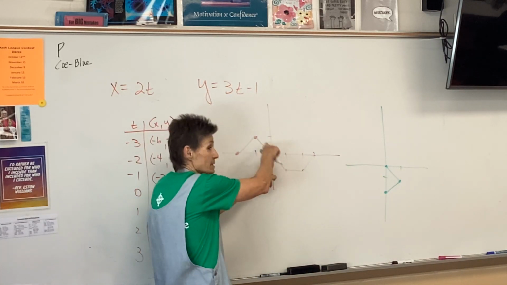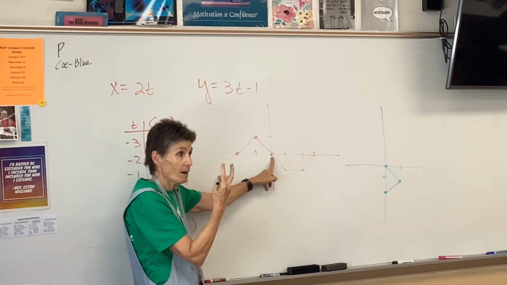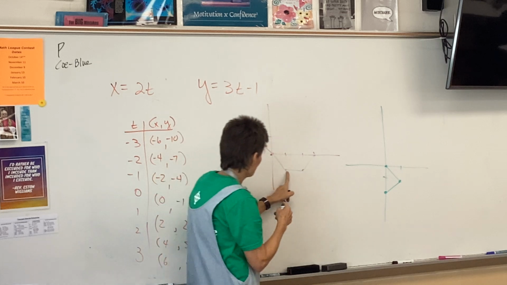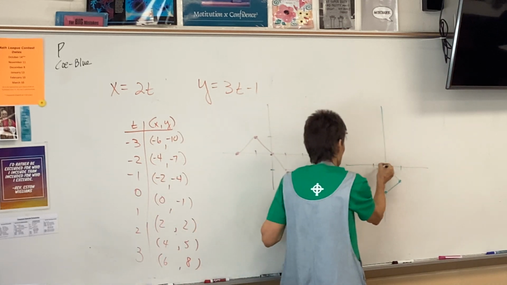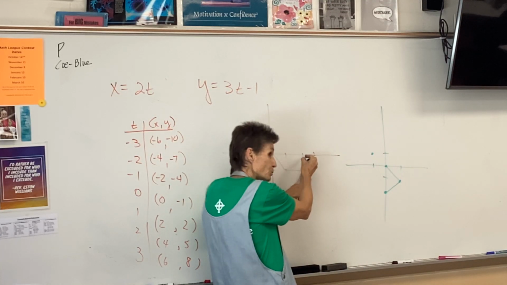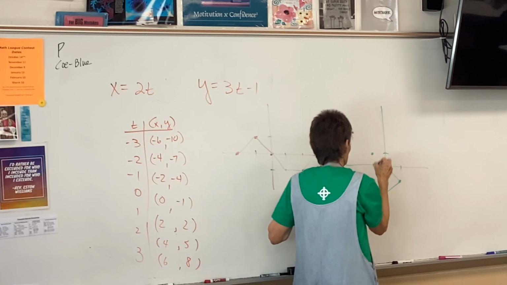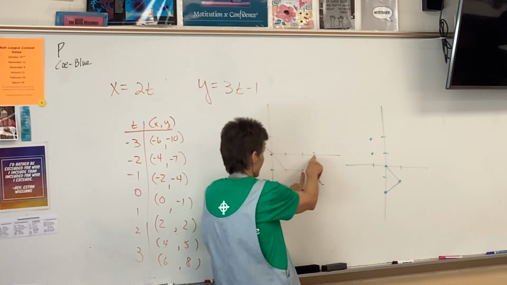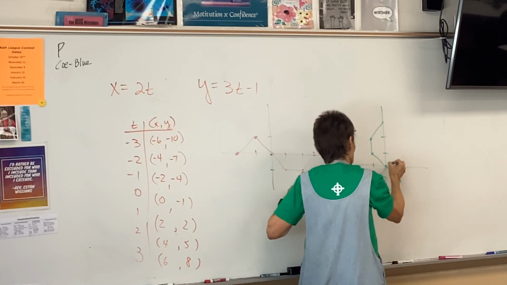I'm switching my ordered pairs. So this is 1, negative 1, so negative 1, 1. This is 2, negative 1, so negative 1, 2. And then 3, 0 would be 0, 3. There it is.